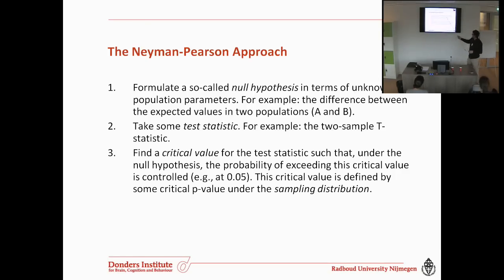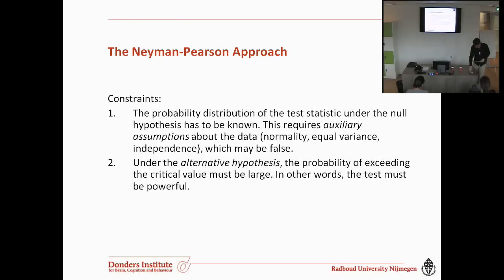And from that probability distribution, which is called the sampling distribution under the null hypothesis, we can arrive at a critical value, and that critical value is being defined by some critical p-value, typically 0.05, under that sampling distribution. And if you have a t-statistic that exceeds this critical value, then you say that this null hypothesis is too unlikely given the observed data, and you reject it.